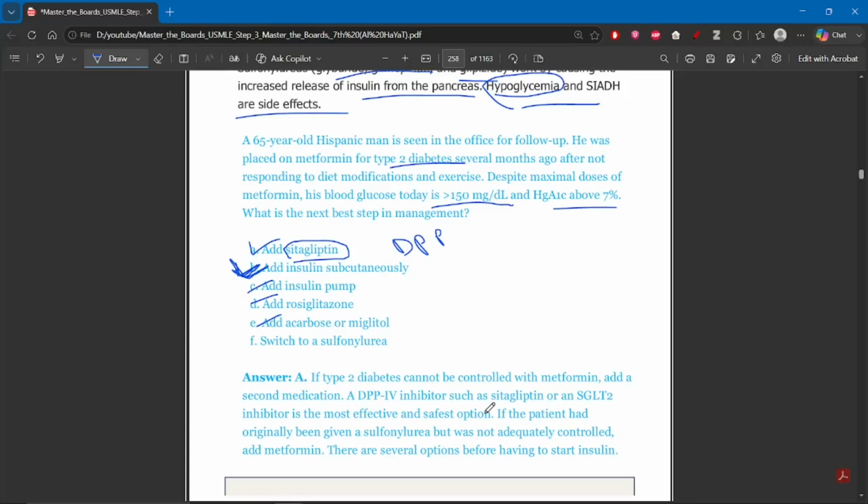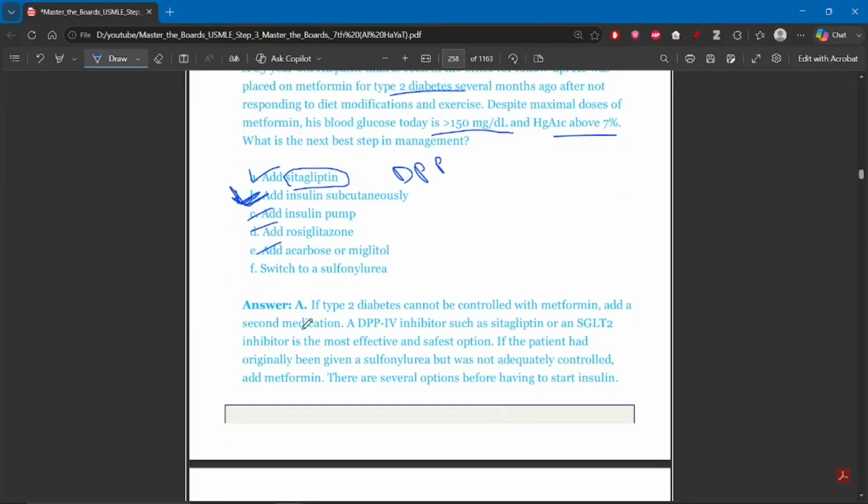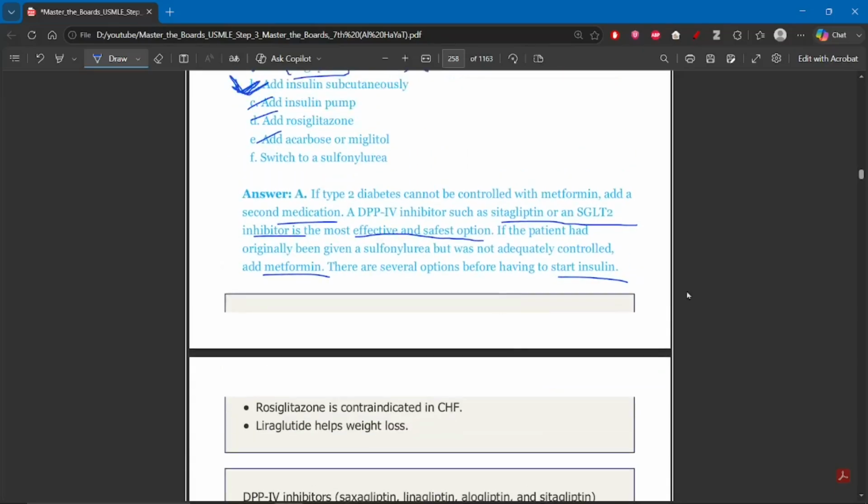So if type 2 diabetes cannot be controlled with metformin, add a second medication. A DPP4 inhibitor such as sitagliptin or an SGLT2 inhibitor is the most effective and safest option. If the patient had originally been given a sulfonylurea but was not adequately controlled, add metformin. There are several options before having to start insulin. So insulin is a last resort.